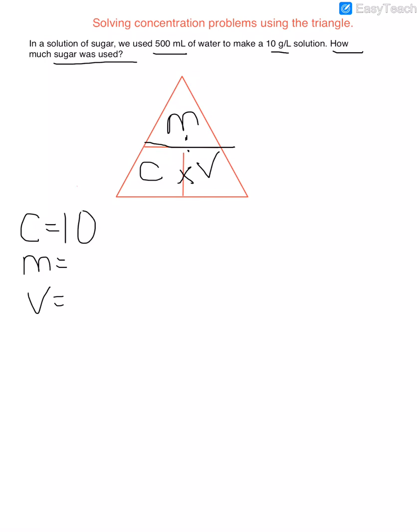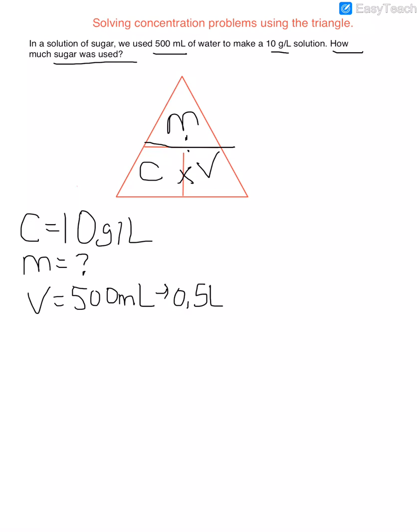Yes, 10 gram per liter. Do I know the mass? No, this is what I'm looking for. It says how much sugar was used, so, question mark. Volume is 500 ml, and I'm going to go ahead and convert it right away. That would be 0.5 liters.